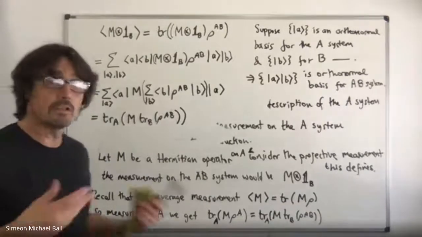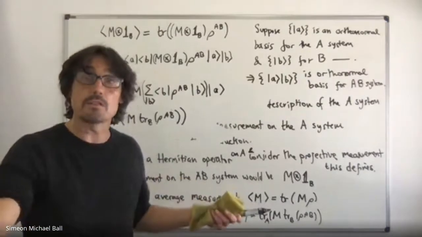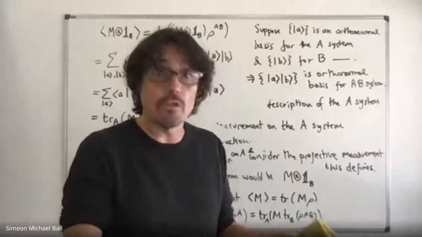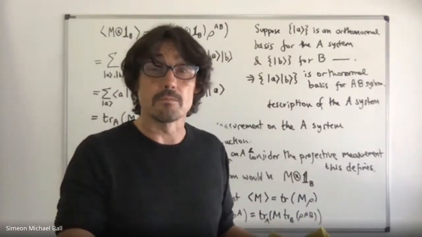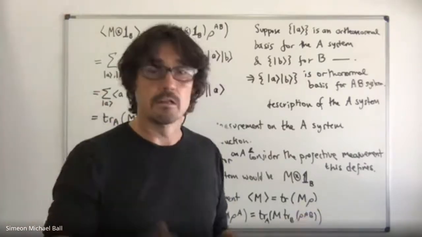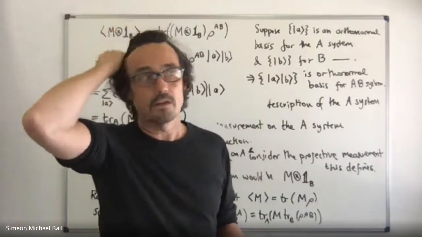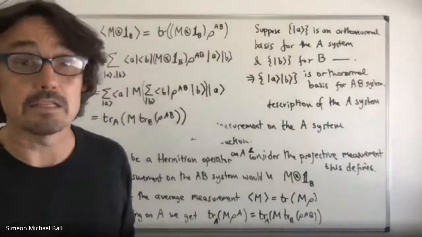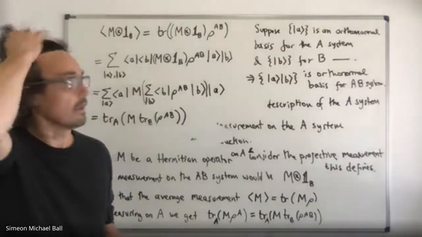So let's just recall, if you're given a density operator on a composite system, and you want to know how you should look at it if you're Alice and you only have the Alice part, you just trace out Bob's particles, and this gives you the correct description of the particles that you can see. As you can imagine, that's an extremely useful thing. From all we will hear today, the partial trace is what we're going to see more than anything else, I would say.